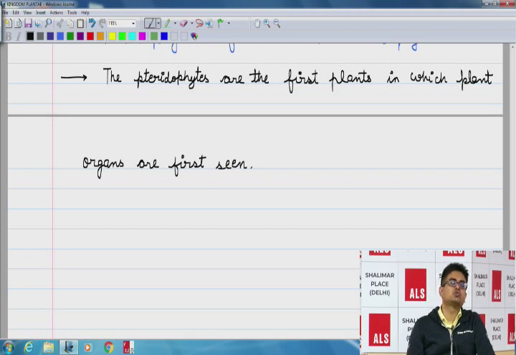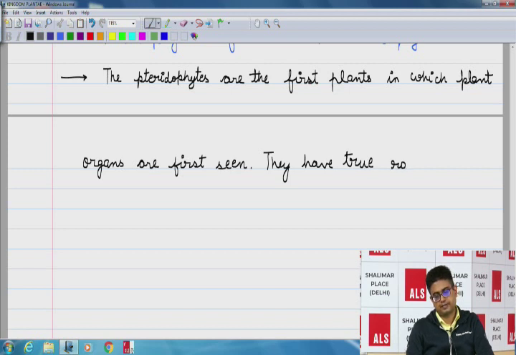They have true root, true stem, and true leaf.